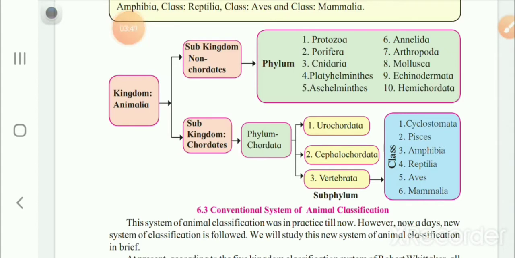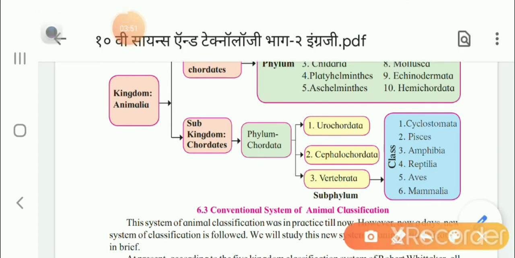Children, we will see here how the kingdom Animalia is divided. Already you have seen the different phyla and their organisms. We will see here the kingdom Animalia, that is divided into subkingdoms, chordates and non-chordates.